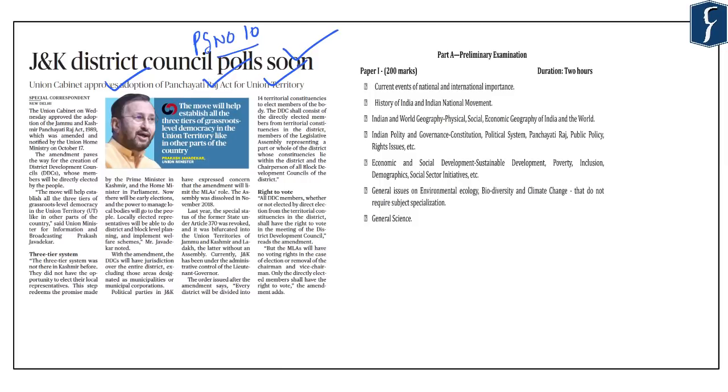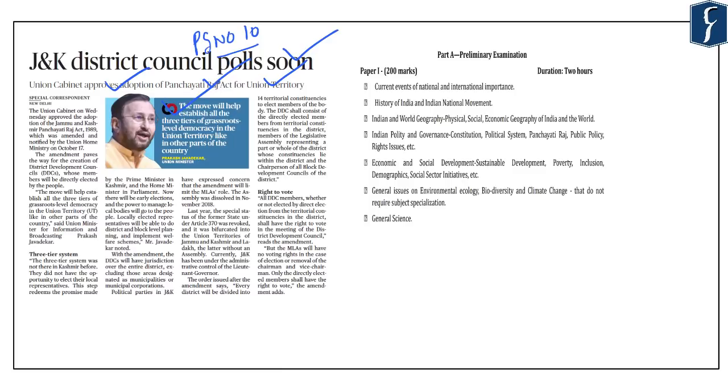The Union Cabinet has approved the adoption of the Jammu and Kashmir Panchayati Raj Act of 1989. And this act was amended and notified by the Union Home Ministry recently. According to the government, this move will help establish all the 3 tiers of grassroots level democracy in the Union Territory, like in other parts of India.